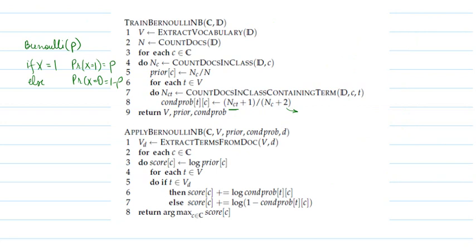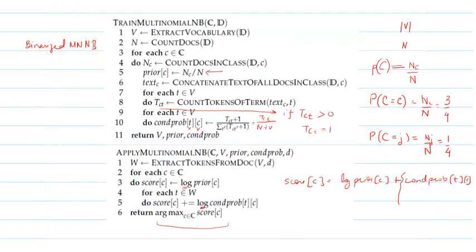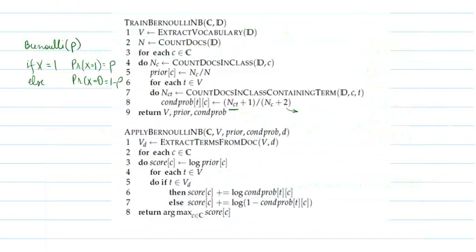Similarly, we have the same thing in all this testing part, but the score is calculated differently when the term is present. The score is calculated as the log of the conditional probability of the term T in the given class C. But if the term is not present, we specify that the probability is 1 minus the conditional probability, right?